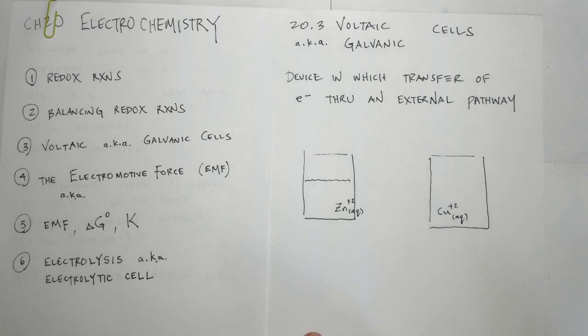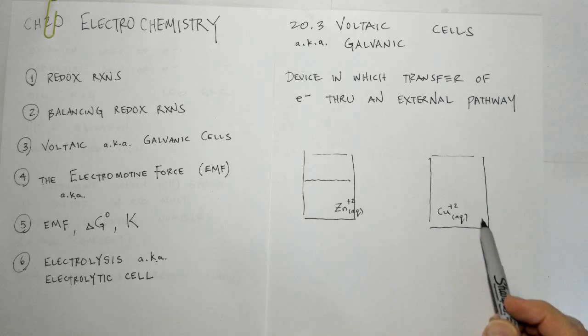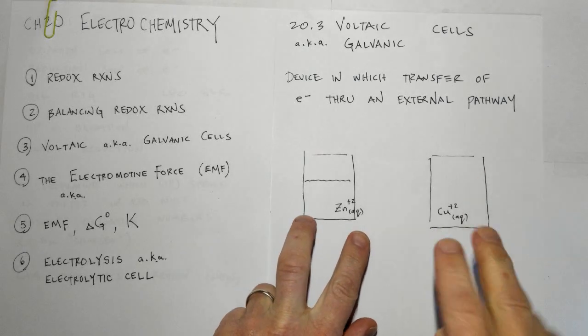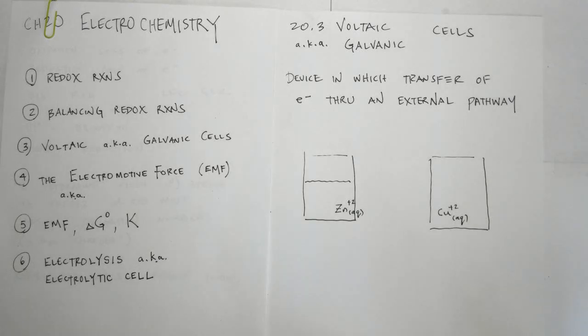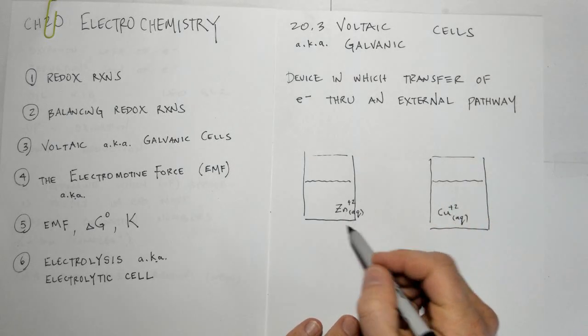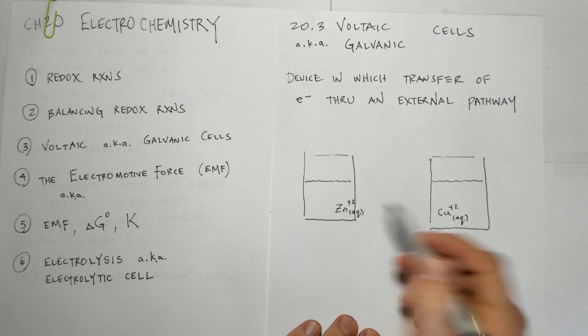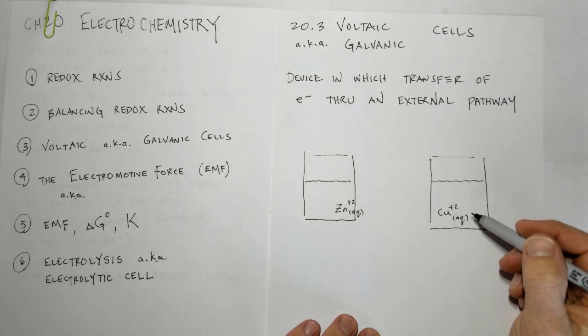So to describe the cell, we're going to actually draw it as two beakers. Make sure you take a lot of space like this and leave lots of room here at the top, because we're going to draw lots of connecting pieces. We're going to have two beakers, and in one beaker we're going to have a solution of zinc ions. It could be zinc nitrate, it could be zinc chloride, just so it's something soluble.